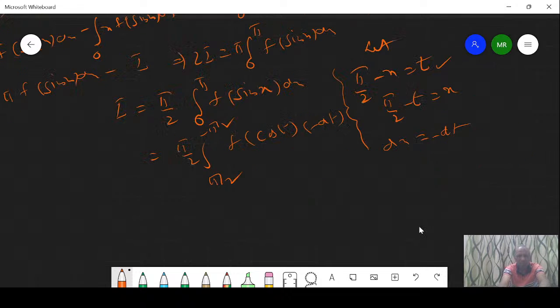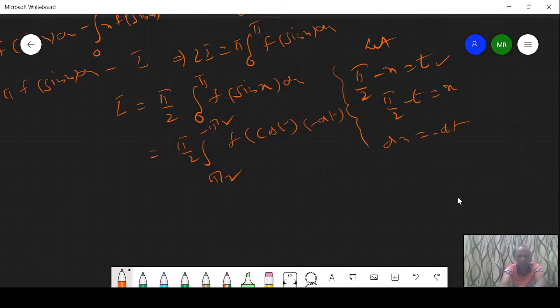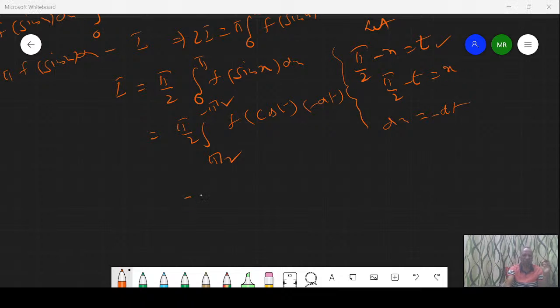To simplify the answer, due to the minus, I can interchange the limits. If I interchange the limits, this minus will become positive. So I can write minus pi by 2 to pi by 2, f of cos t dt.